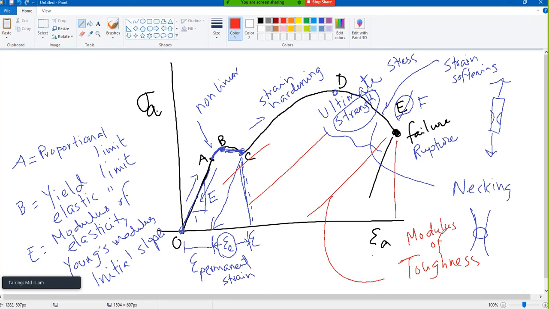The total energy before failure is called toughness. The initial elastic portion, this area, is called modulus of resilience. It is the area in the elastic portion. Entire area is called modulus of toughness.